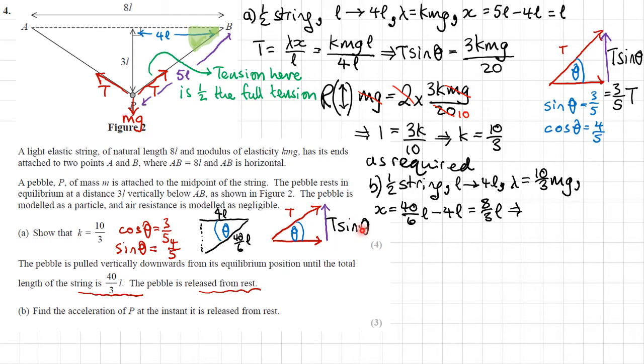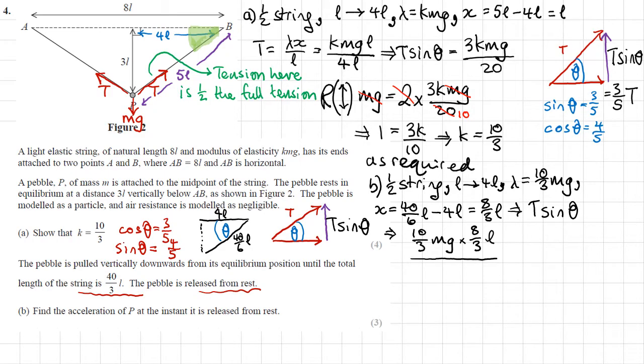So we're going to do the tension times 4/5. So tension times sine theta, that's the component that's going up. And if we work out what that is, that would be lambda, so that's our 10 over 3 mg, times the extension, that's 8 over 3 L, over the natural length.